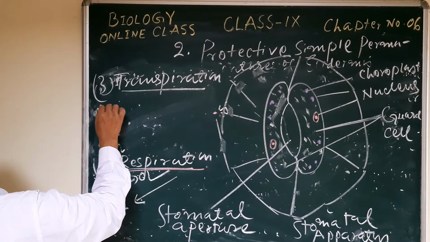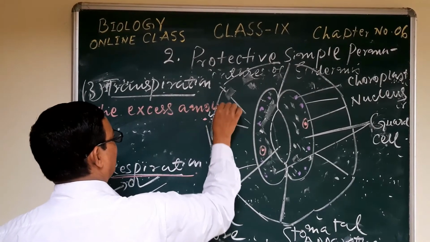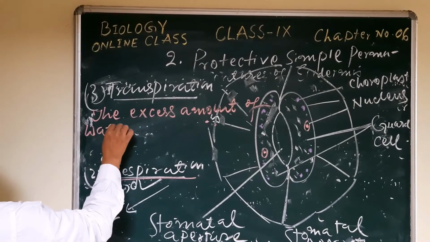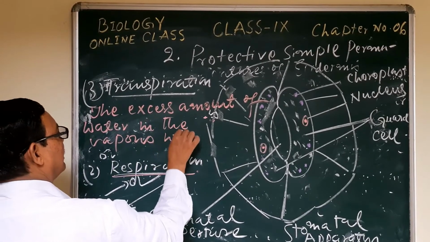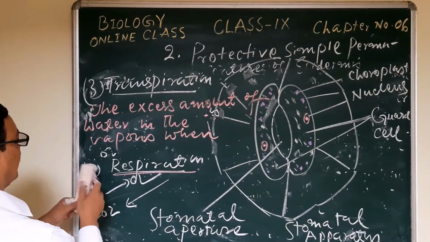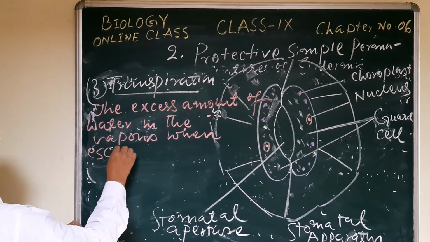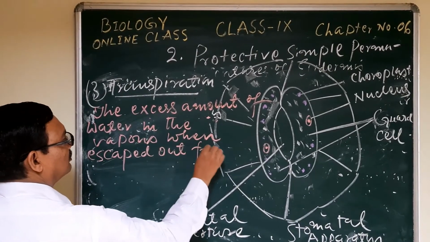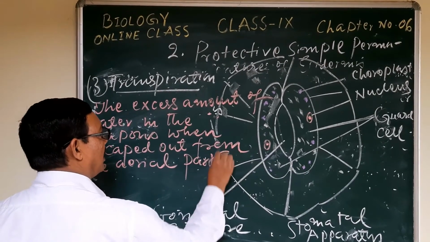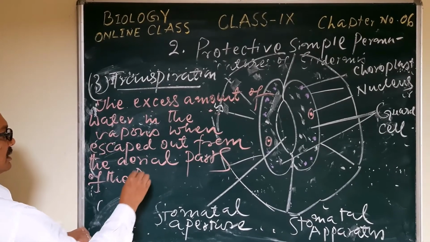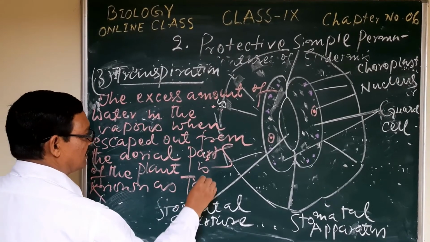Make and write here: the excess amount of water in the form of vapor escaped out from the aerial parts of the plant is known as transpiration.